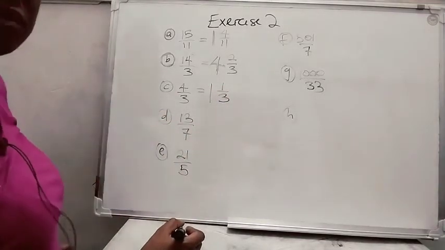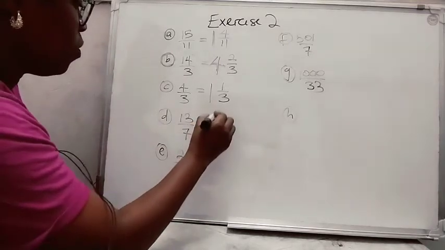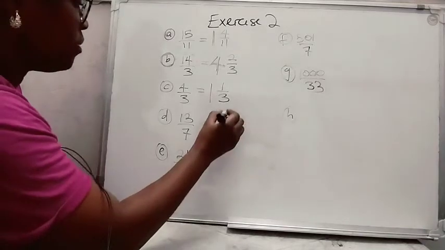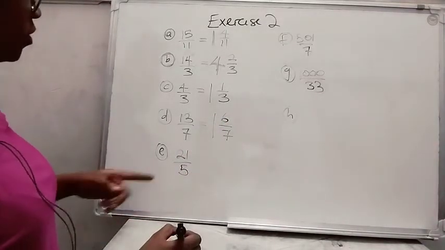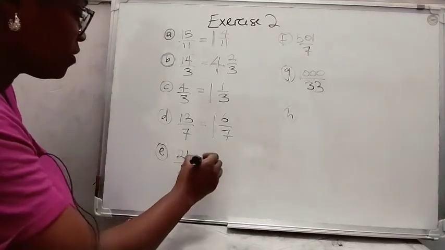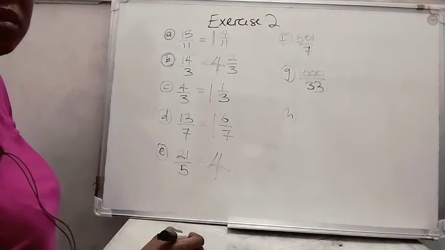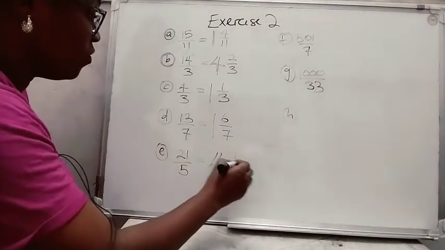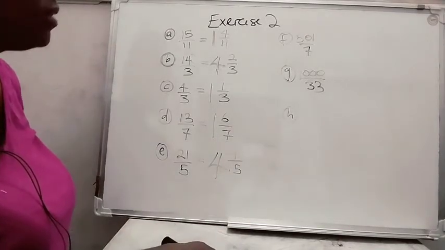This 13 divided by 7 will give us one whole number, remainder 6 over 7. 21 over 5 will give us 4 whole number, remainder 1 over 5. As simple as that, okay?